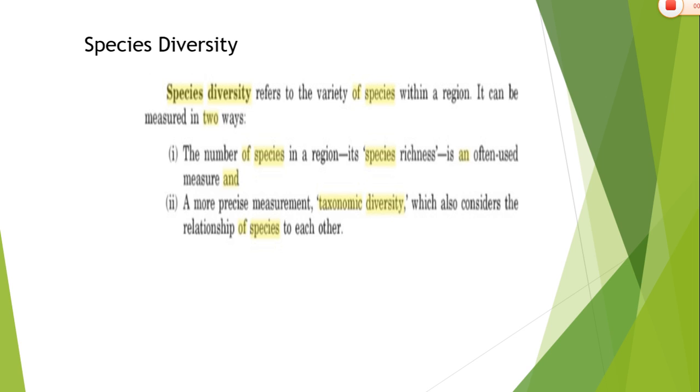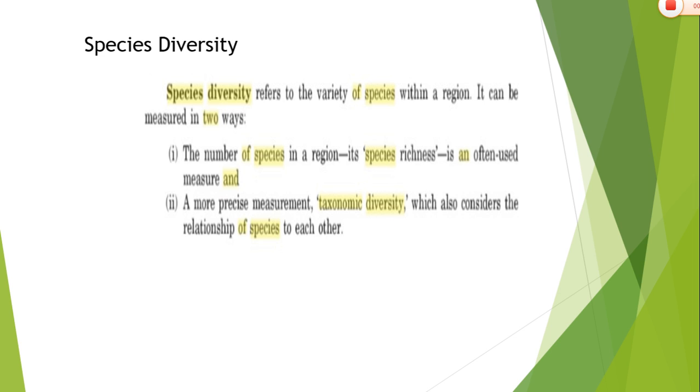Now, next, species diversity. Species diversity refers to the variety of species within a region. Such diversity can be measured in many ways, and scientists have not settled on a single best method.